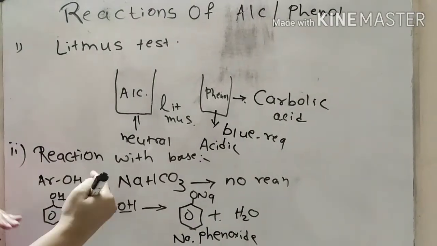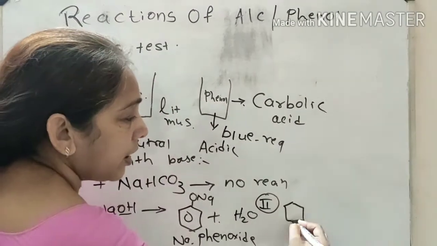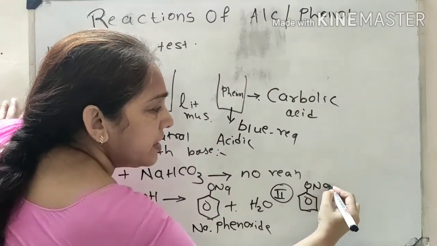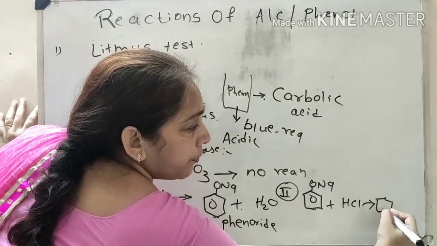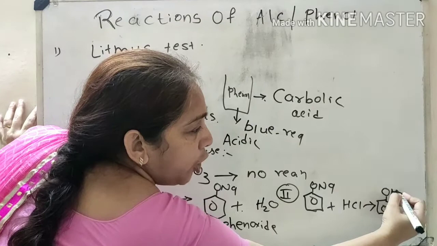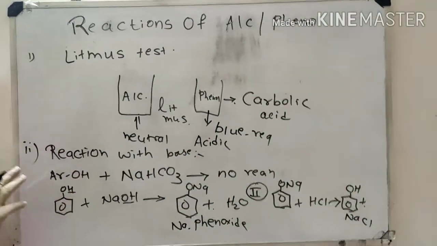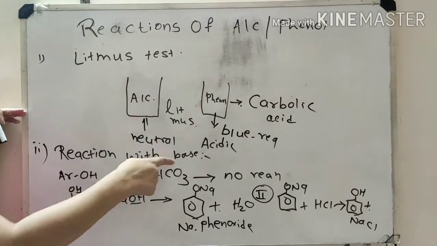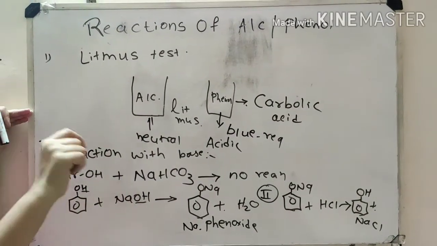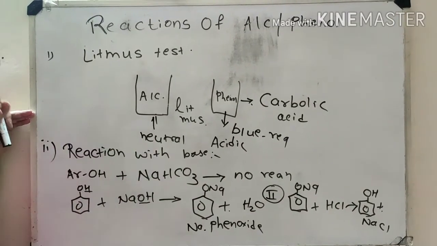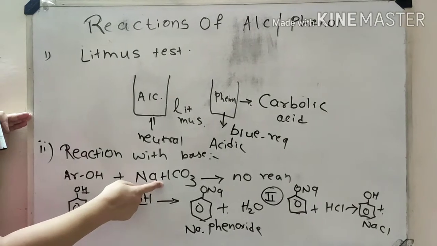Now in step number 2, this sodium phenoxide reacts with HCl to form phenol plus NaCl. So this is the reaction with the base. It means phenol is weaker, so it does not react with NaHCO3. This question can be asked, does it react with NaHCO3?